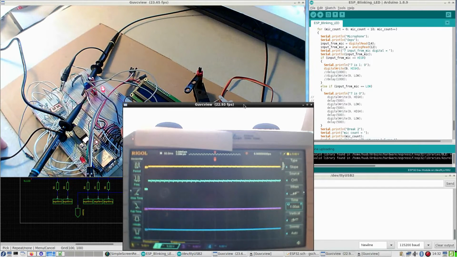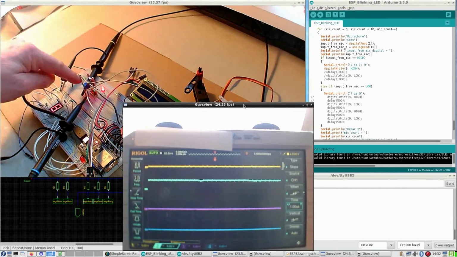And despite the tapping, which I do myself, I can't see anything spectacular happen. Nor do I see anything happen on the yellow line, which is right here, which is the analog output.